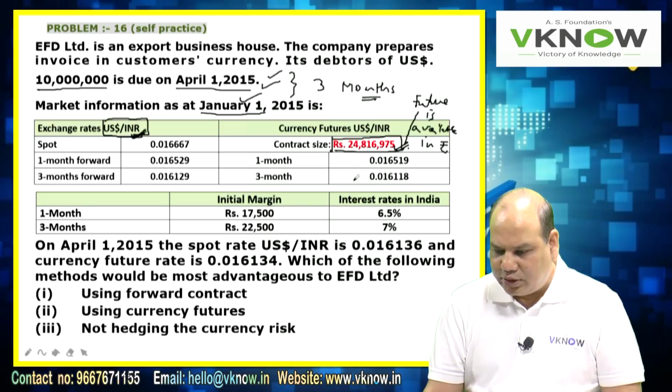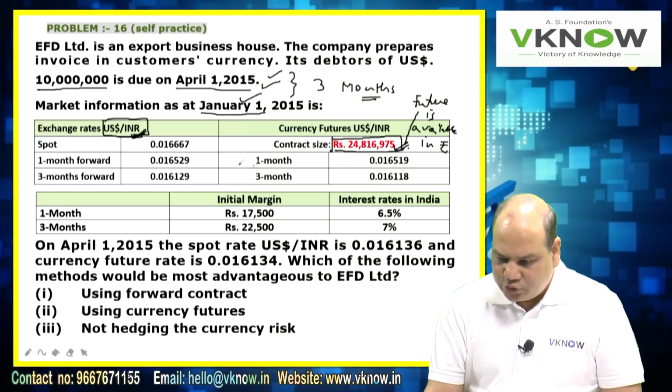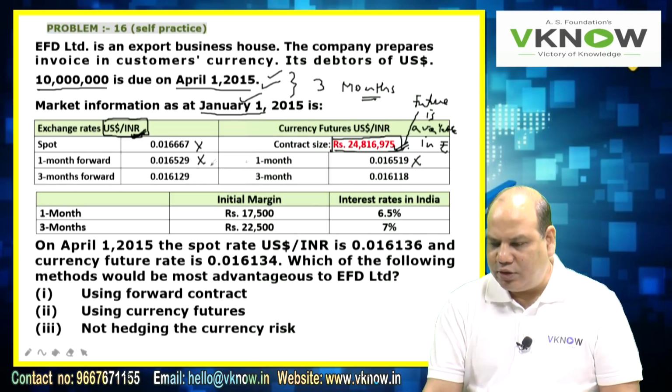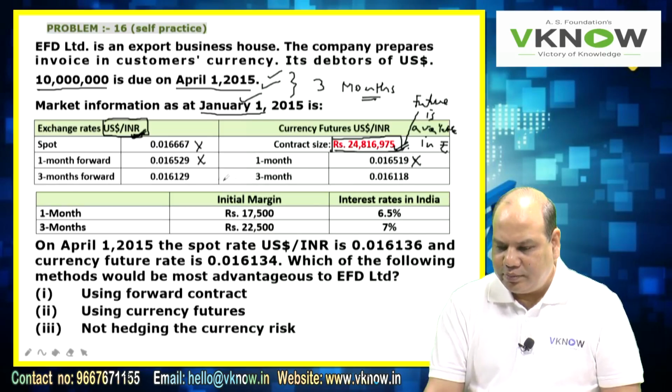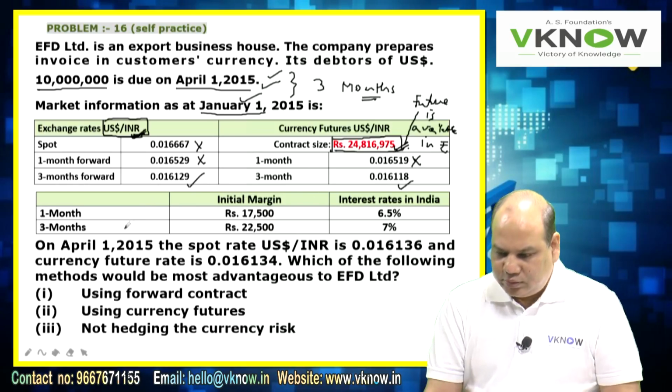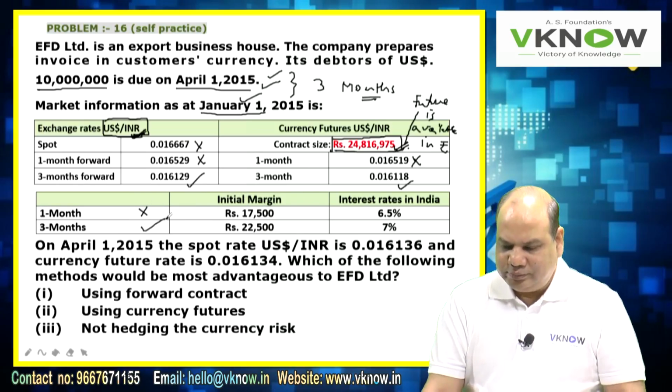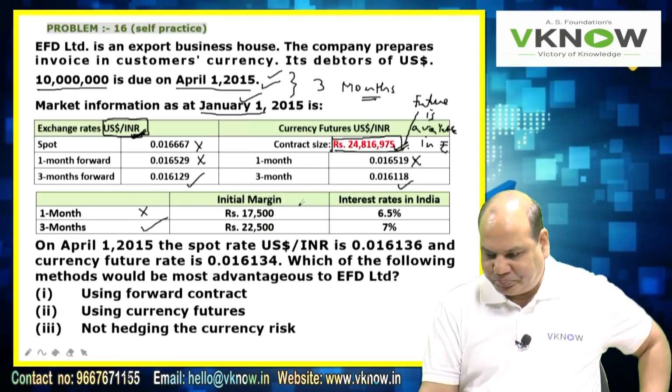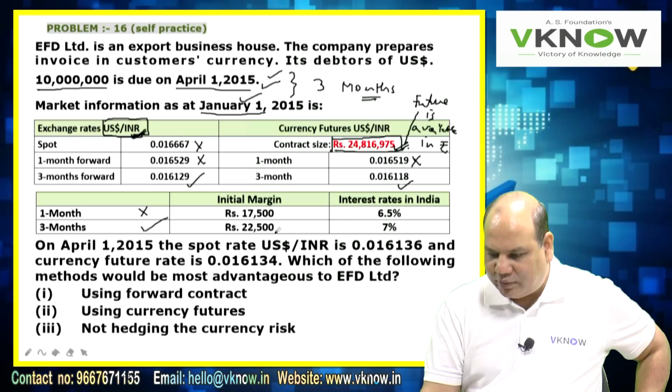1 month, 3 months. So again I will ask you to first cross irrelevant, irrelevant, irrelevant. These 3 numbers are irrelevant. 3 month forward is relevant, 3 month future is relevant. Then initial margin 1 month is irrelevant, 3 months are relevant.